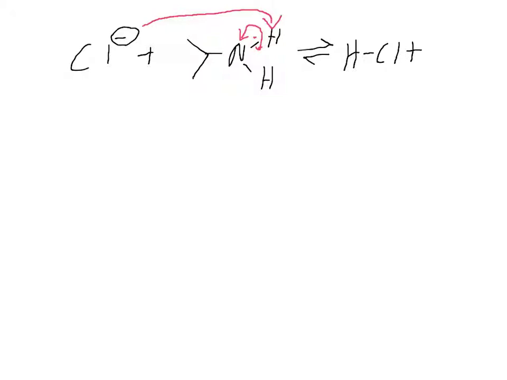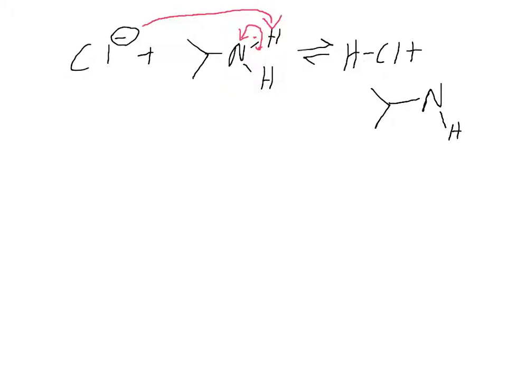And what else do we make? We made the amine. Does it have a charge? Well, what was my overall charge on the left hand side? Negative. The overall charge of everything.